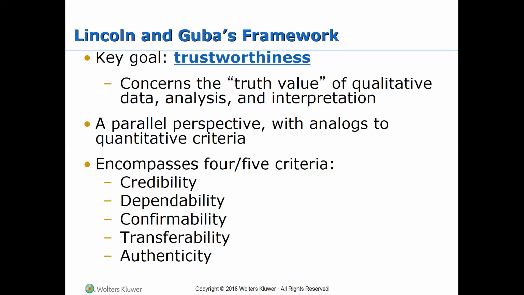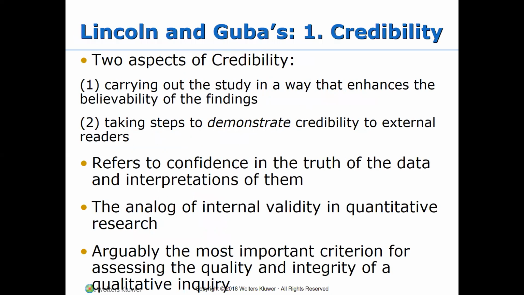And there are 4, sometimes 5 criteria because they added a 5th one, so you'll see either of these. That includes credibility, dependability, confirmability, transferability, and authenticity. We're going to cover all 5 of those here today, and I'll give you some examples from a research study, and you might begin to recognize evidence of this in articles that you read.